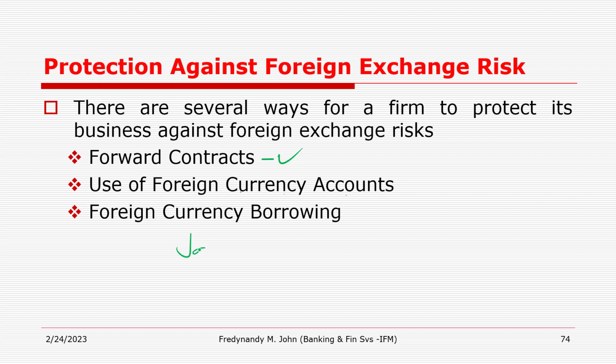You have a Japanese car manufacturer, let's say Toyota. This company produces different brands, different models of motor vehicles, small cars, and they ship these cars all over the world.